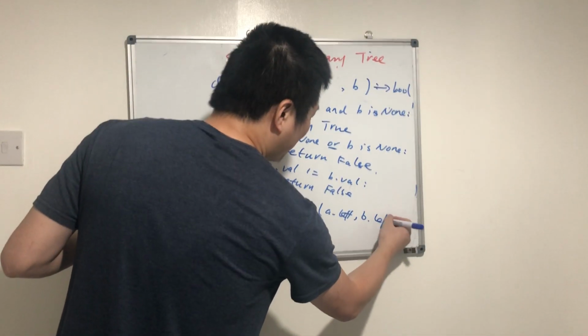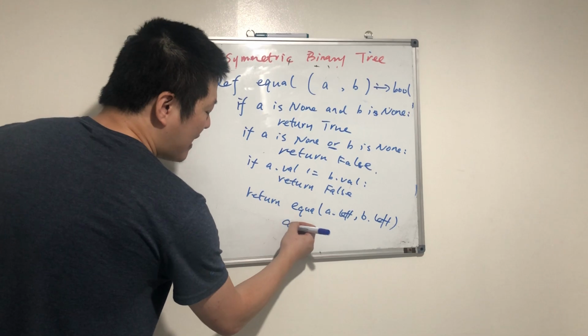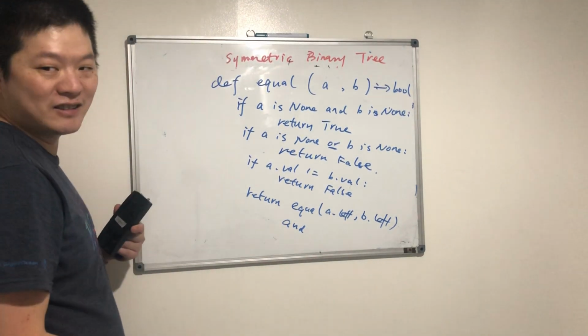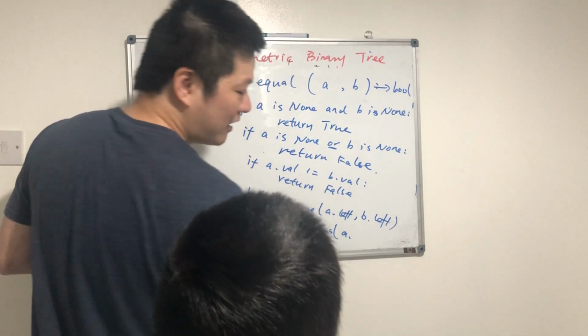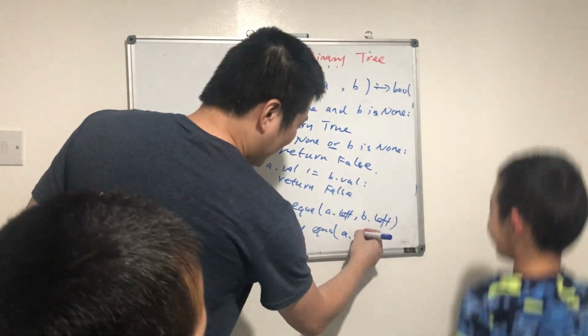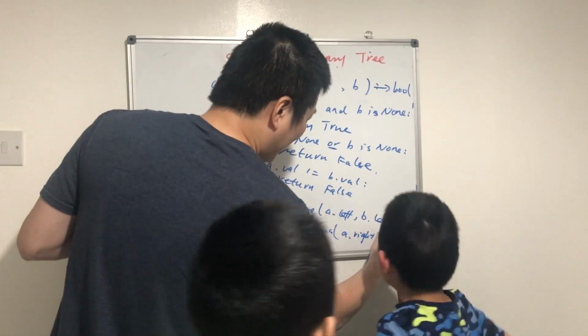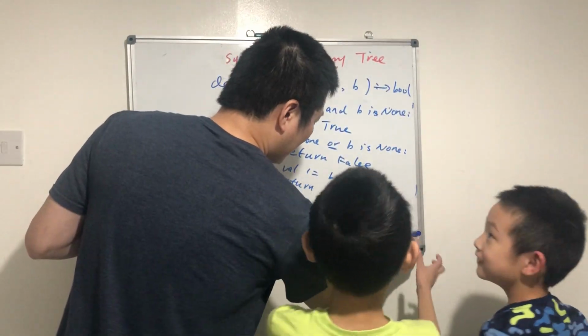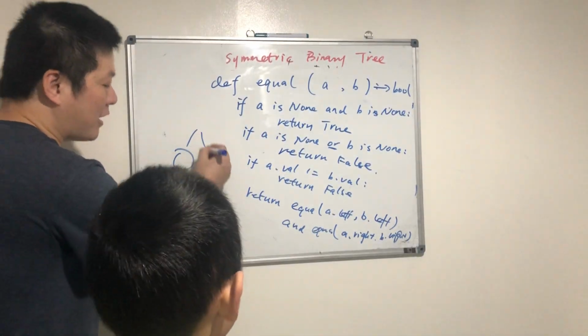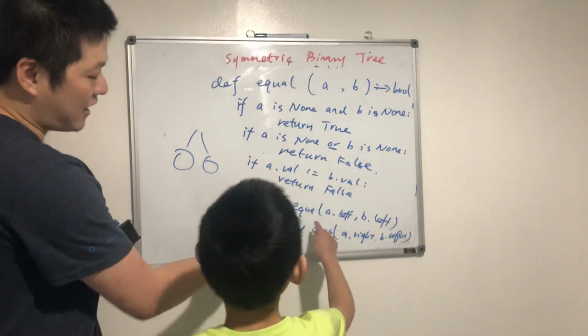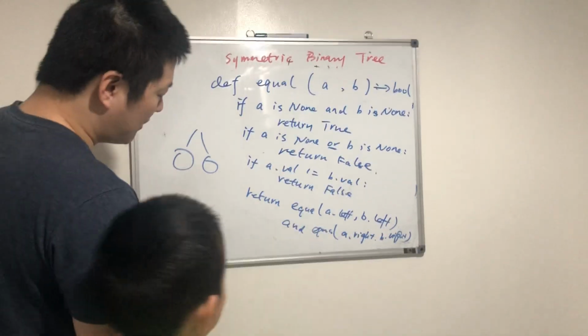The left trees will be equal, and then the right: A dot right, B dot right. Because we need to check both trees. The left trees are equal and the right trees are equal. That's it.